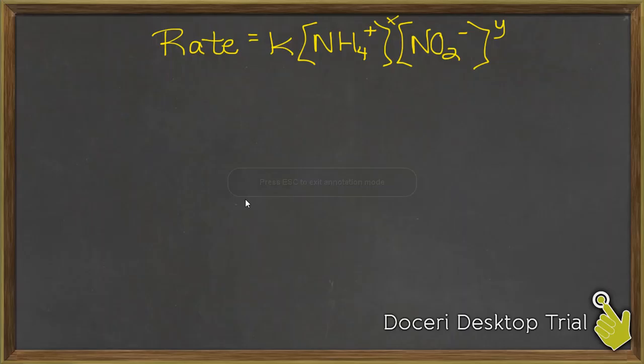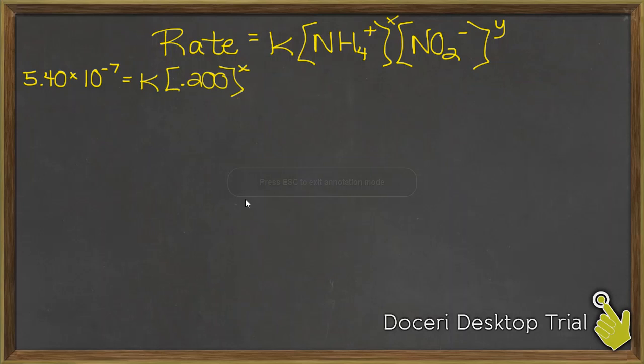Okay, and watch what I'm going to do. I'm going to write, this is the rate from experiment 3. Rate equals K times the molarity of ammonium in experiment 3, which was 0.200, and that's raised to the x power.